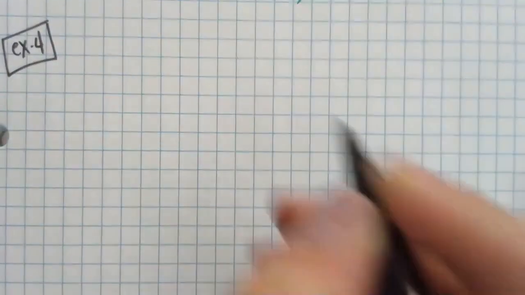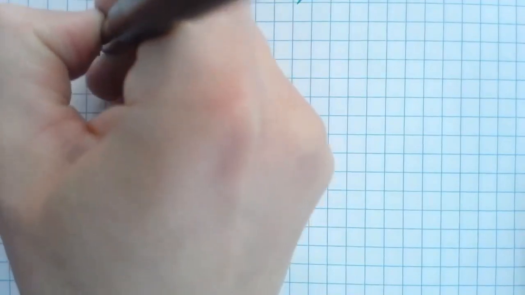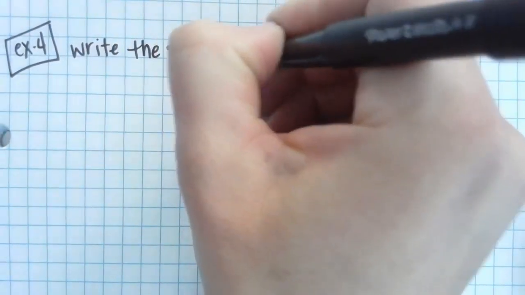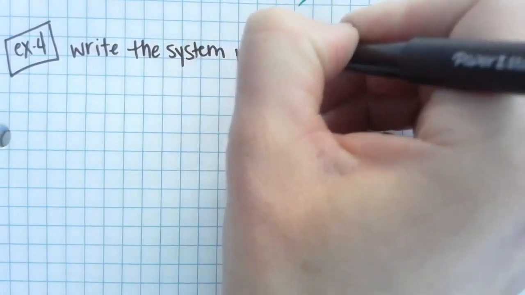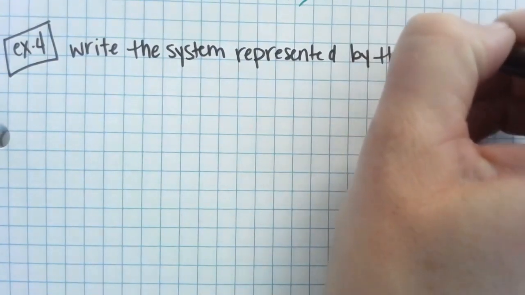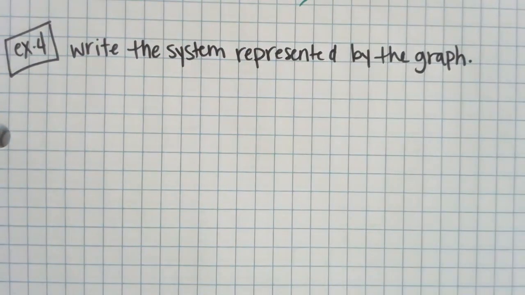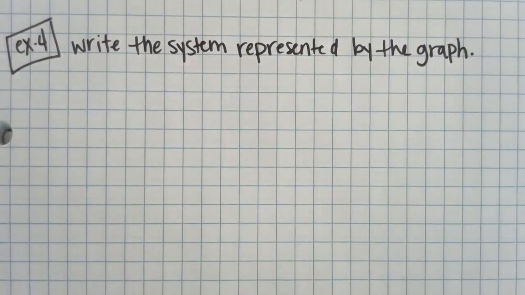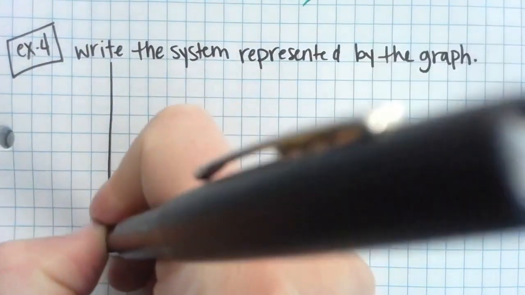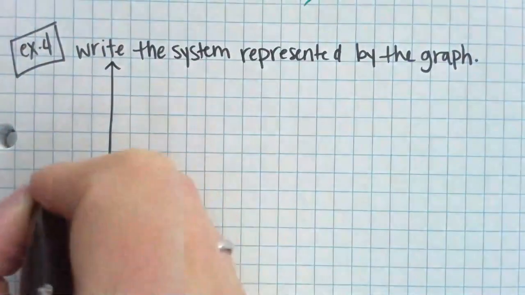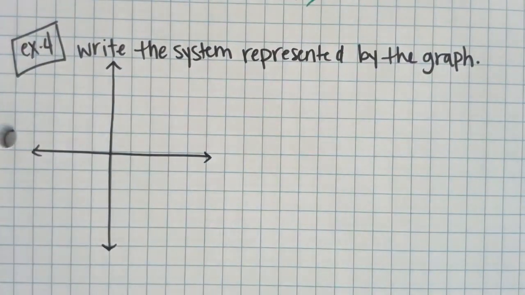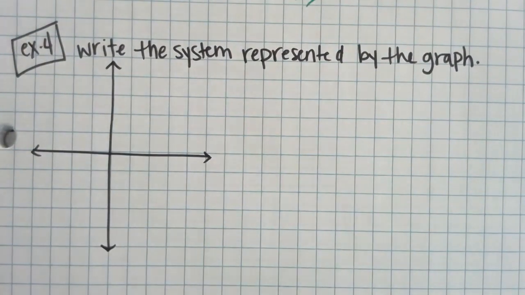It says write the system represented by the graph. Here's our graph. Let's do this one first.